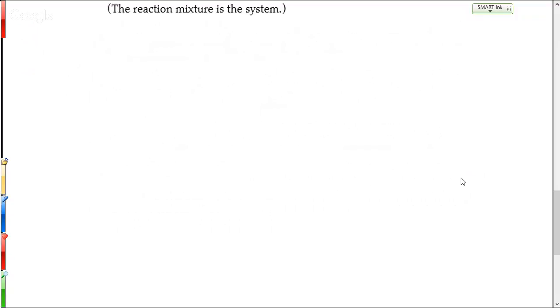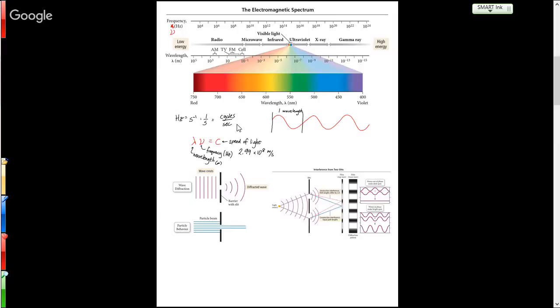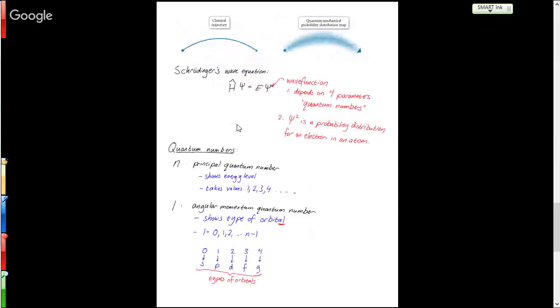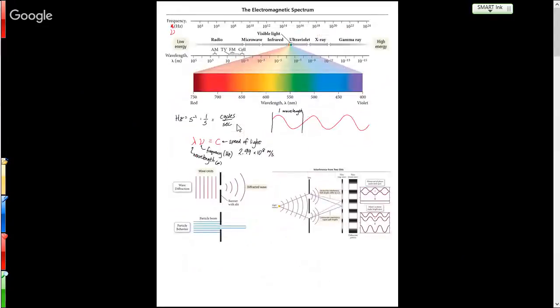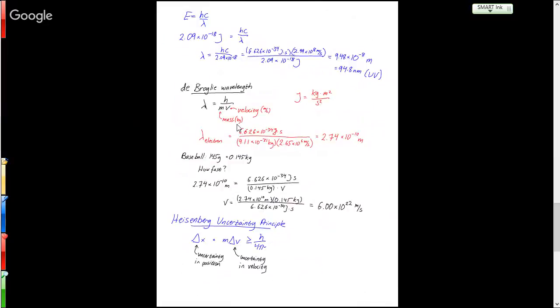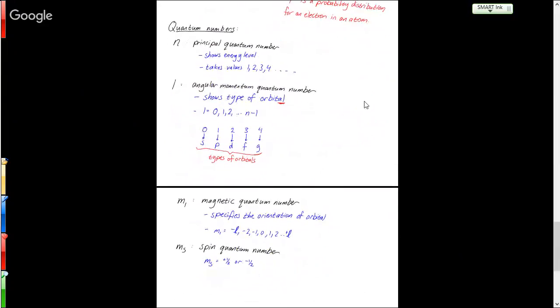So if you remember, back last time, open those notes up so we can review. We talked about all that weird quantum mechanics stuff. But one of the important things that we settled on at the very end was these 4 quantum numbers.